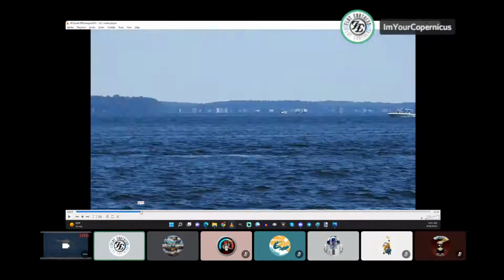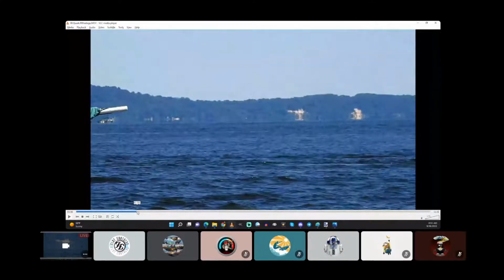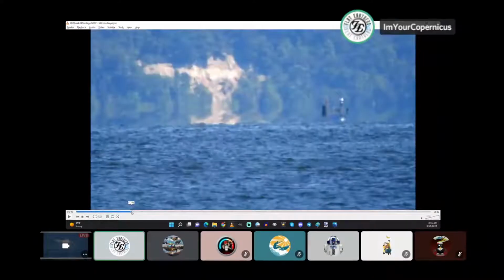And then we go back to the one that we saw before with these guys. The physical target of the boat is physically right there.